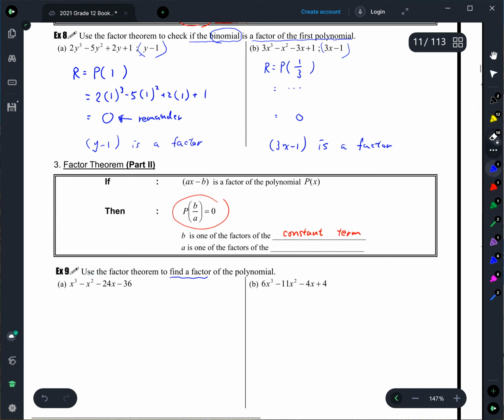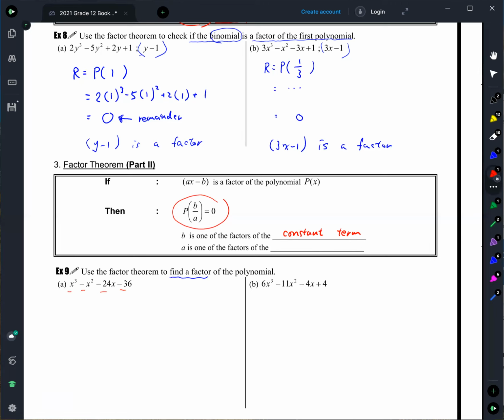I'll talk about that first. You have 1, 2, 3, 4 terms. The one that is a constant is the last one, the 36. You can ignore the negative or not, it doesn't matter. So you think about all the factors of 36. We call this number the b.